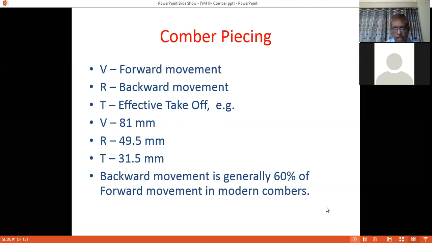So this is one example of the comber piecing, and it is taken care that backward movement is generally 60% of the forward movement in modern combers. So this gives us good quality combed sliver. Although there may be variation in the values of the forward movement, backward movement, and effective takeoff.